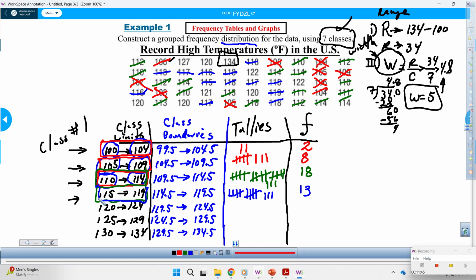I'm going to go back to red. 120 to 124. We have 1, 2, 3, 4, 5, 6, 7.